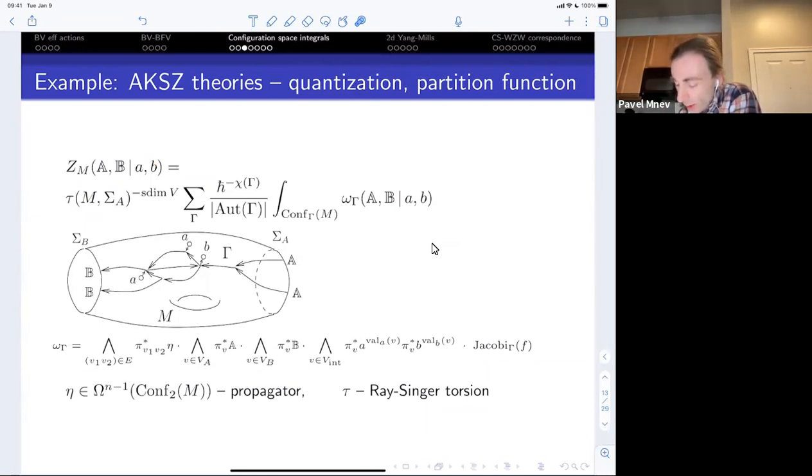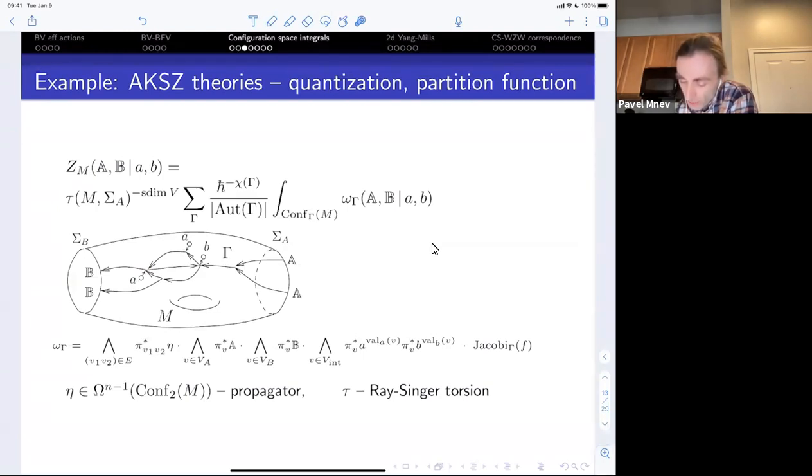The contribution of a diagram is h bar to the power negative Euler characteristic of the graph, divided by the number of automorphisms, times the integral over the space of configurations of vertices of my graph on M of certain differential forms. Here is an example of a graph. It has some bulk vertices and some boundary vertices, and the graph is oriented. It also has leaves for the bulk vertices, and the boundary vertices are univalent.